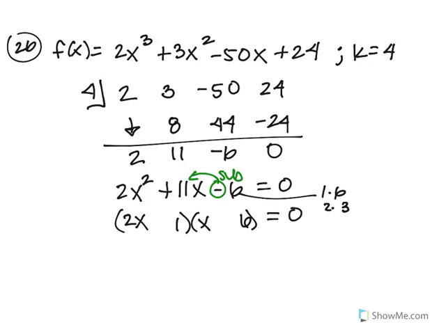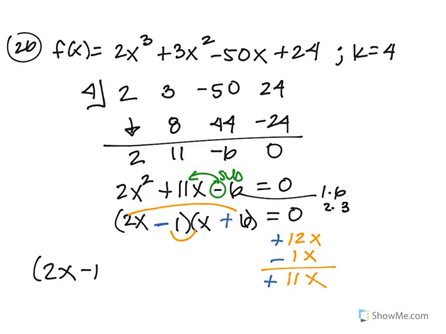But keep in mind, 6 can't be in the same parentheses with 2. And if you checked yourself, that would give me 12 on the outside, 1 on the inside, which will subtract to an 11. So my 11 is positive. That means I got to have a positive 12. That's with my 6. So your other two linear forms for your answers are going to be 2x minus 1 and x plus 6.